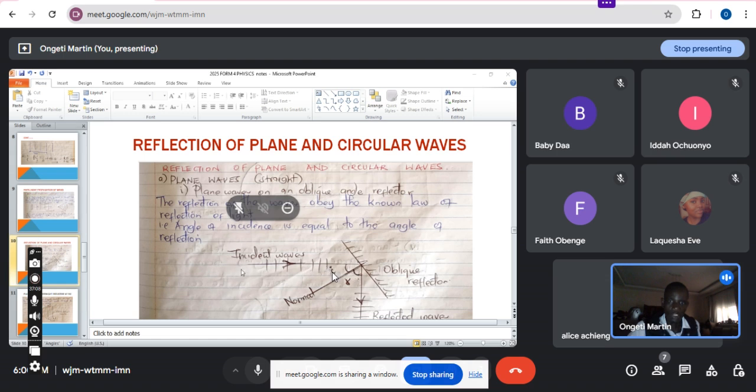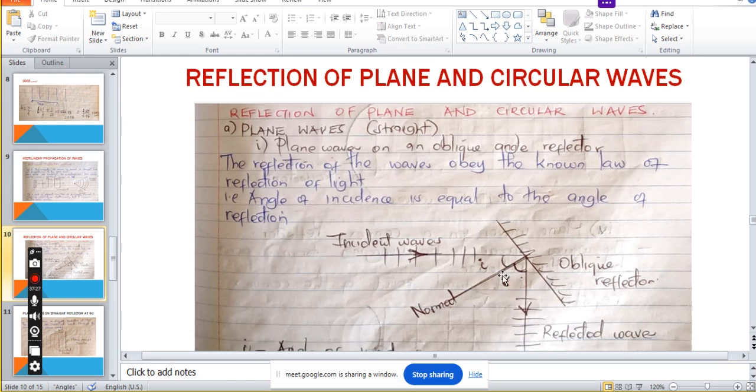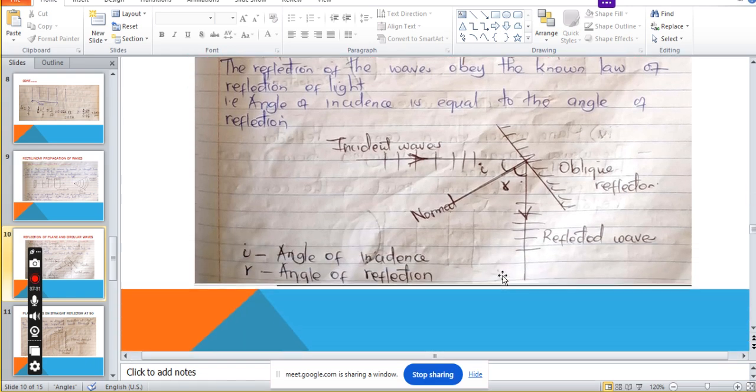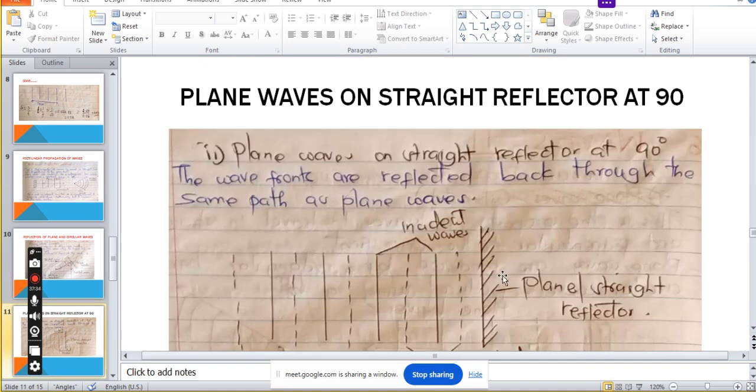So these two angles are always equal. So if you are to draw this, you'll ensure that you use a protractor so as to measure the incident angle and the reflected angle. So this is how the wave will move. It will strike this obstacle and then move downwards that way. Then, the angle of incidence must always be equal to the angle of reflection.